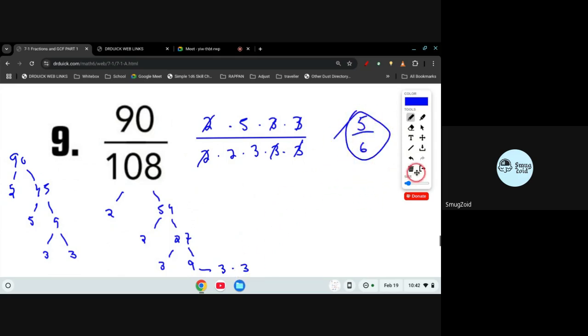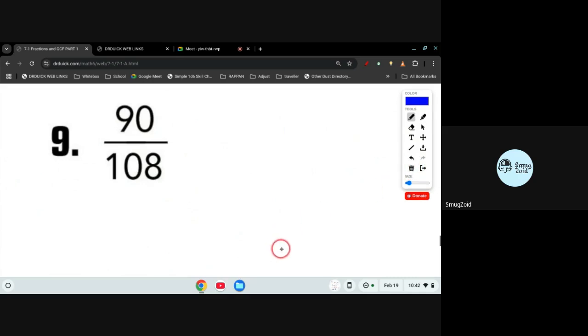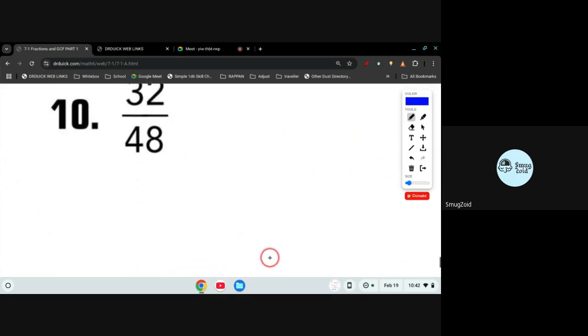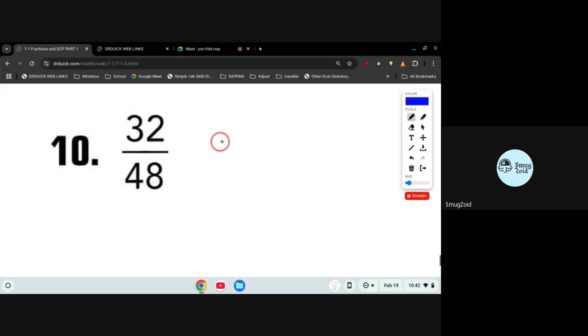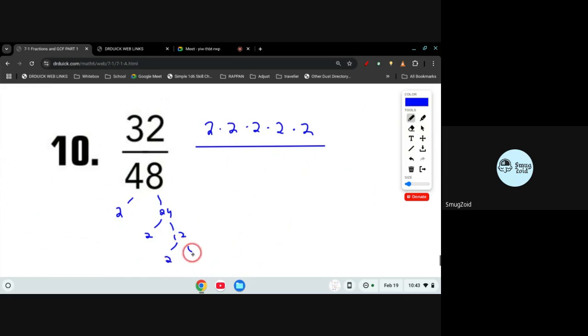Okay. And then my last one I'm showing for the example is number 10. 32/48. 32, if you factor it, it should be 2 times 2 is 4, 4 times 2 is 8, 8 times 2 is 16, 16 times 2 is 32. We'll put that here. This one is 2 times 24, 2 times 12, 2 times 6, and this would be 2 times 3.